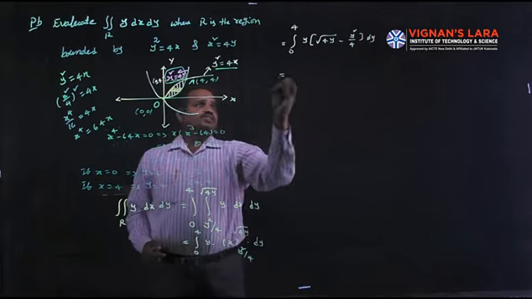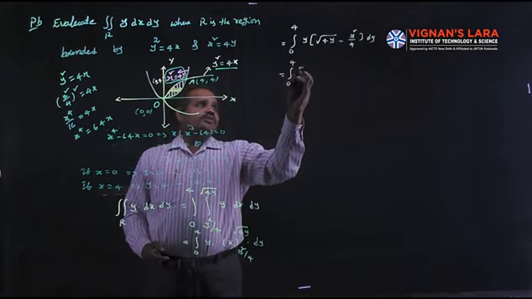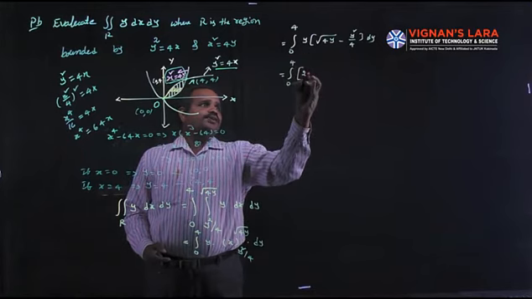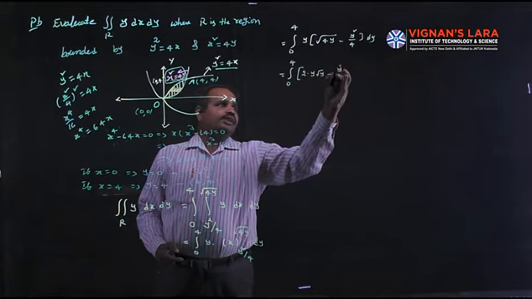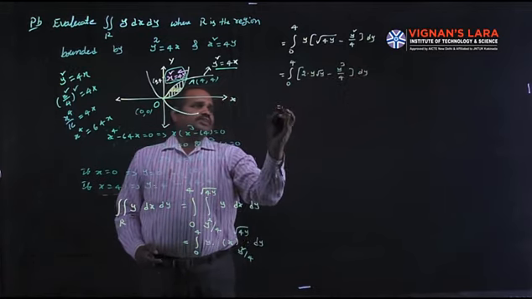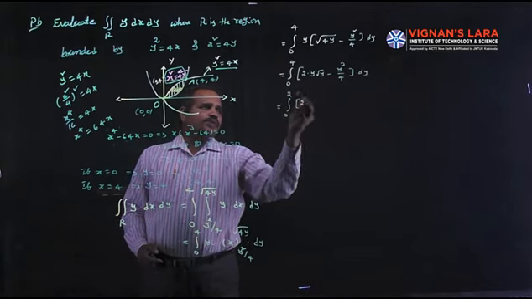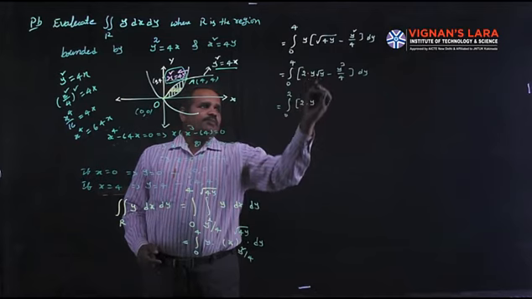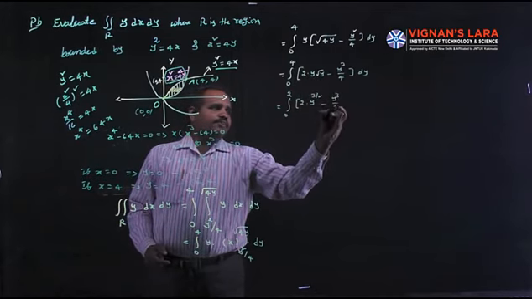Simplify this one, which is equal to the integral from 0 to 4 of square root of 4 value 2 into y root y minus y cube by 4, into dy, where y root y can be written as y power 1 plus 1 by 2, value 3 by 2.